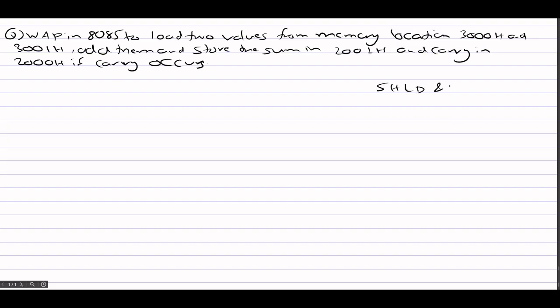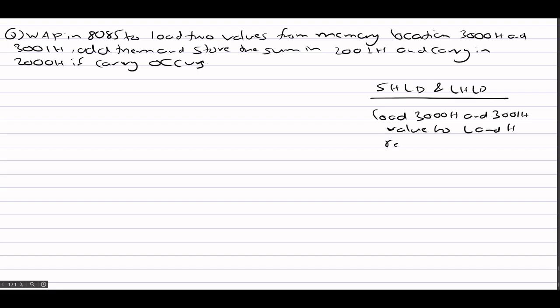SHLD and LHLD code. So the pseudocode for this is going to be, we are going to load 3000H and 3001H values to L and H registers respectively using LHLD.